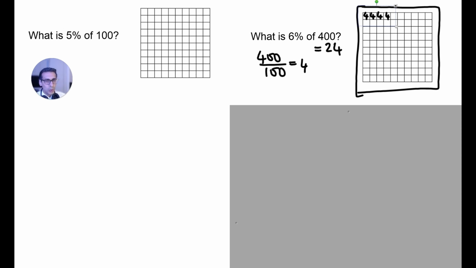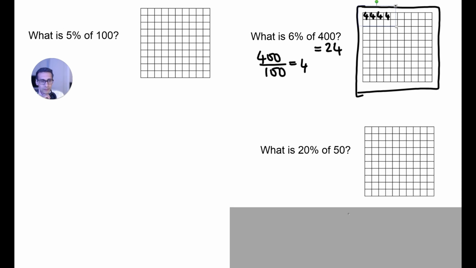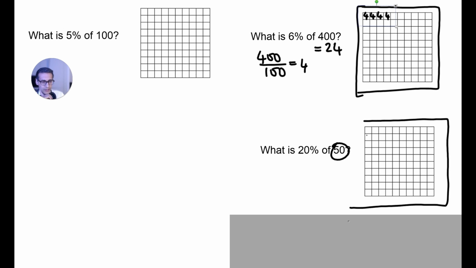This is important just so that you understand and visualize that we're actually always just splitting everything into 100 equal parts. So if we divide 50, so this is our whole amount, this is now worth 50, and we're splitting it into 100 equal parts. 50 divided by 100 will be 1 over 2 or 0.5.